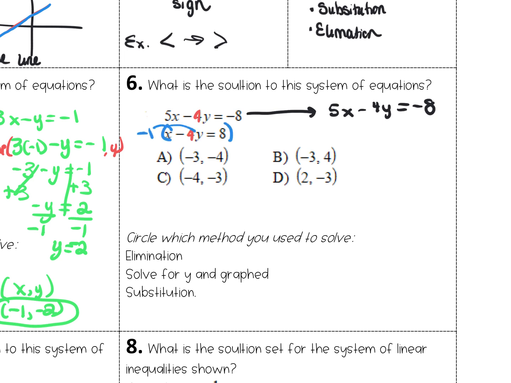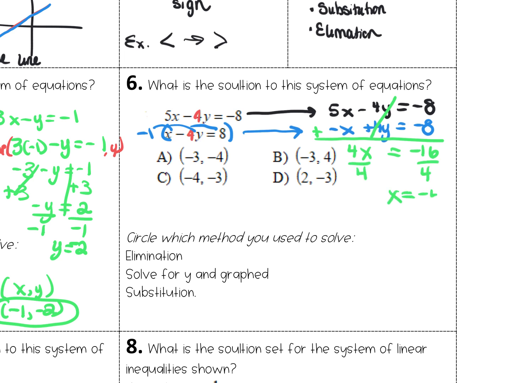And when I distribute the -1 across, everyone's sign will change. So it'll be a -x, a positive 4y, and a -8. And now I can add up and down, and the y's will go away. 5x's minus 1x makes 4x's. -8 plus -8 is -16. Divide by 4 and divide by 4.